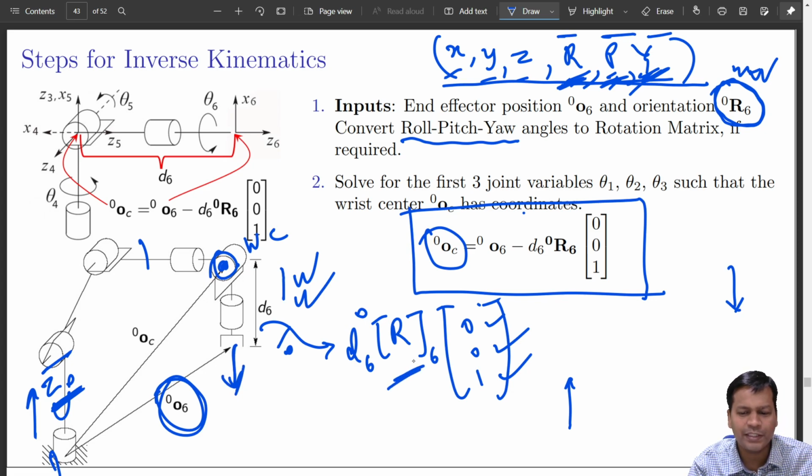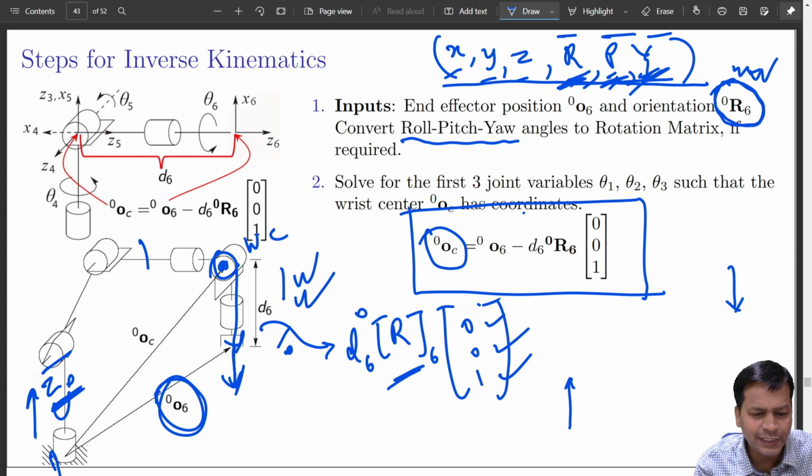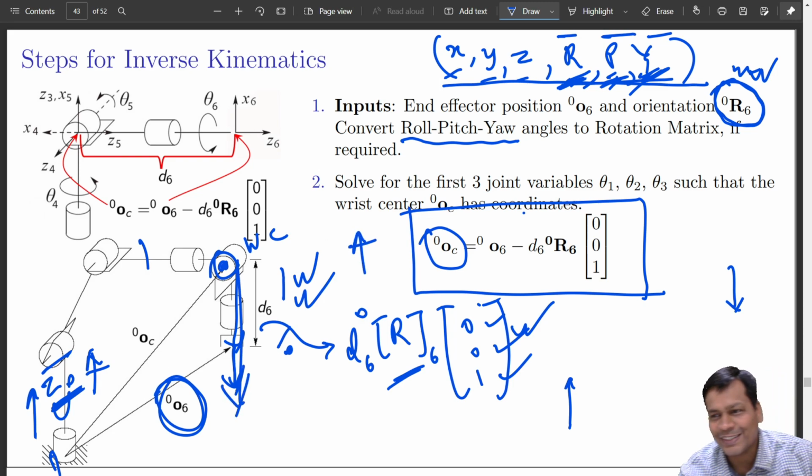Now I have rotated. Okay, so that gives me the vector. Why should it be 0 0 minus 1? Initially it was like this, no? This is the initial position. Home position is not like this. Home position is this. Got it?